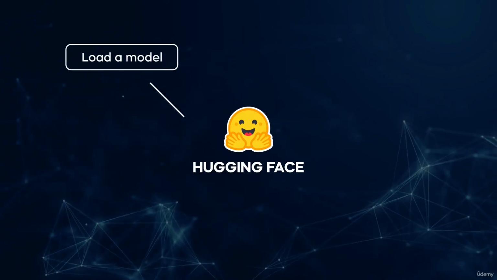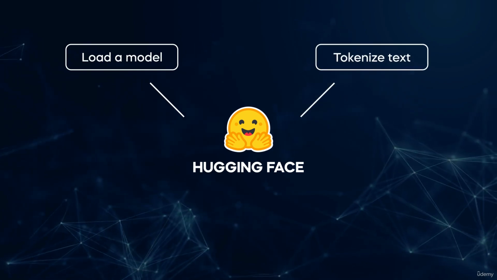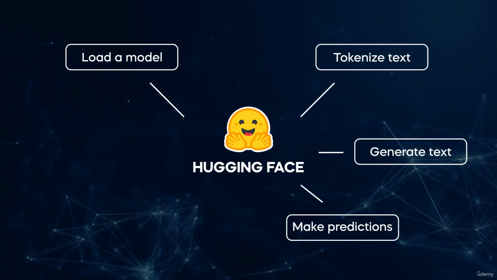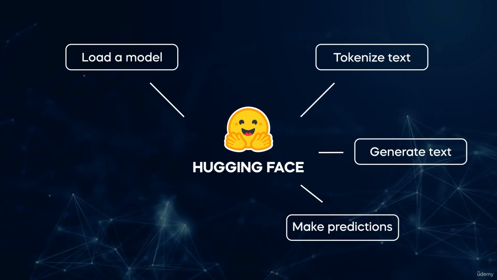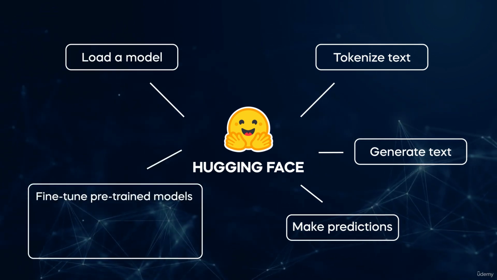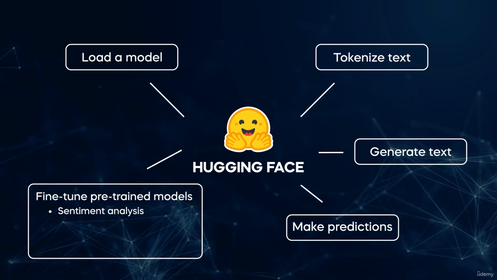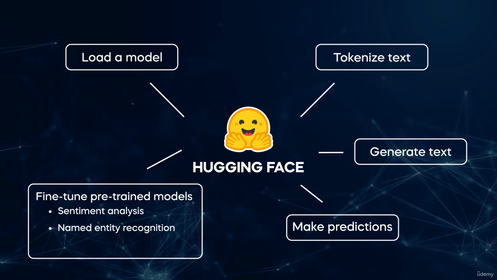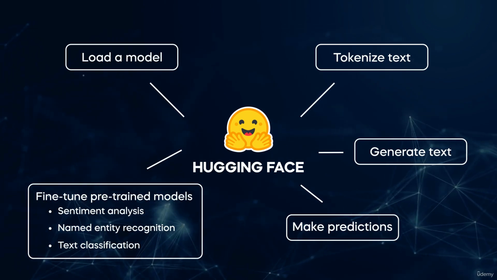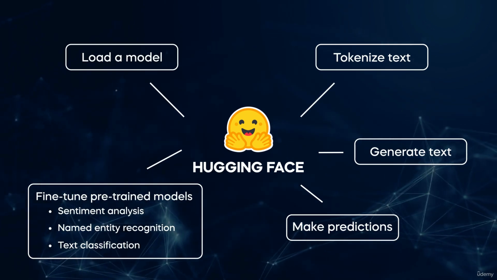You can easily load a model, tokenize text, and make predictions or generate text within just a few lines of code. You can fine-tune pre-trained models on your own data for specific tasks like sentiment analysis, named entity recognition, or text classification. Hugging Face provides tools and examples to help you with this process.